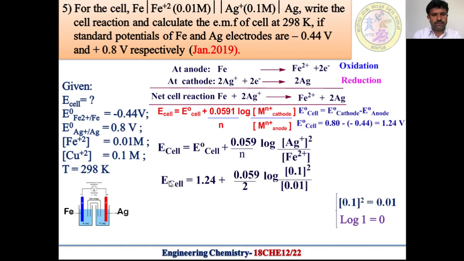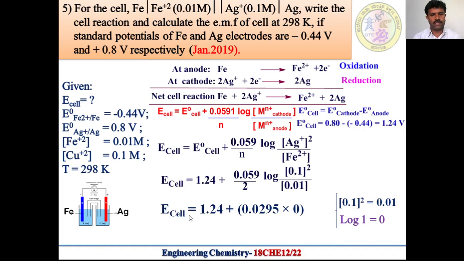Then substitute the given values. E cell is equal to the E0 cell, 1.24 volt, plus 0.059 divided by the value of n, which is 2, because 2 moles of electrons are involved, log of the silver ion concentration 0.1 molar squared divided by the Fe2+ ion concentration 0.01.